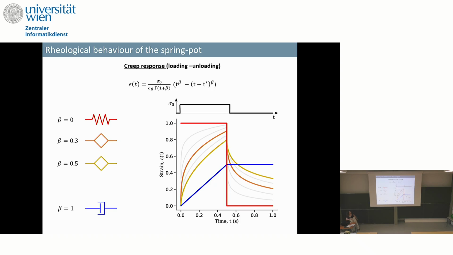For 0.5, again, it gets closer to the behavior of a dashpot. And then for 0.9. But also here, remember, it will always go back to 0. Even for 0.99999, eventually it will go back to 0. It will dissipate everything. So you can also see it from the step response if you write it analytically.